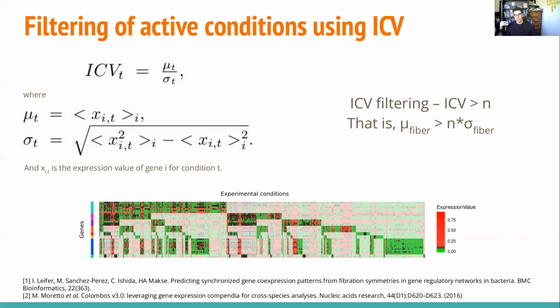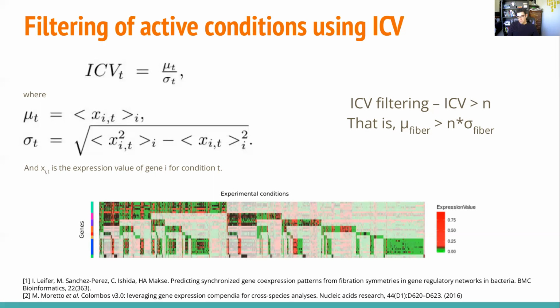It means that we take conditions in which expression is somewhere around a certain mean that's higher than the 0 level. In conditions where expression is just around 0, the fiber is not active. So we filter for these active conditions.